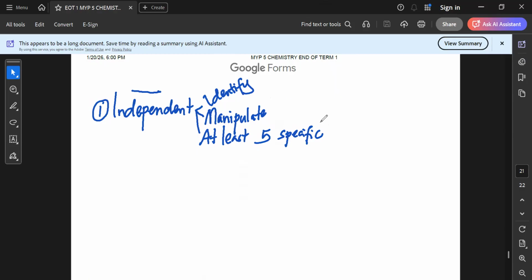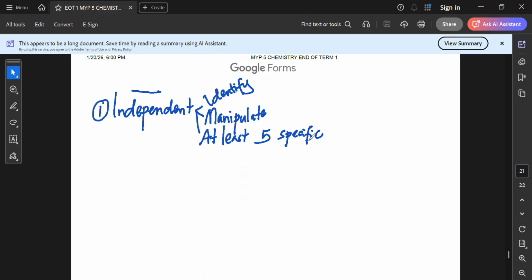For example, if it was the effect of temperature on rate of diffusion, now the temperature here is the independent variable. For an experiment to find out how temperature affects diffusion, you will have to use 5 different temperatures. Now, when we say being specific, that means choose the actual values.